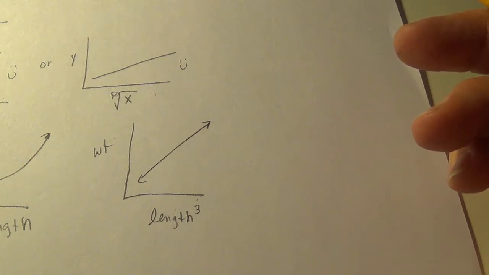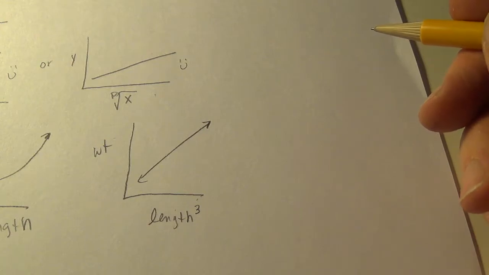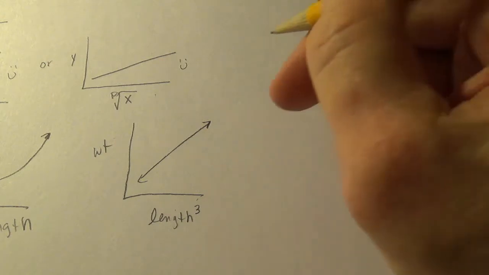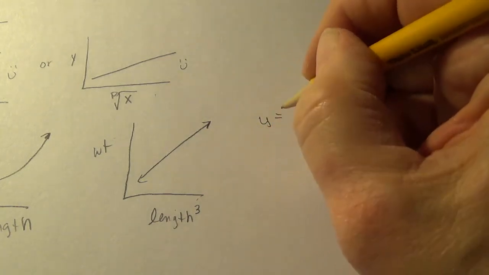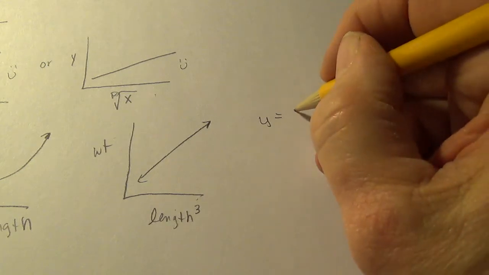So when we have that relationship on Minitab, you can grab the coefficients quite easily. And it turns out that for that you would have y equals, what is the coefficient? The constant. I'll do the constant first.